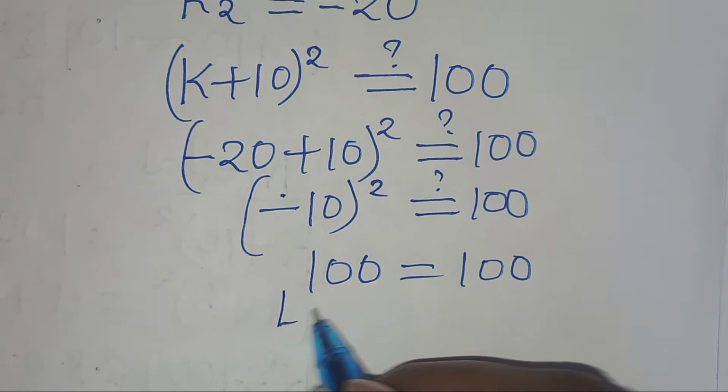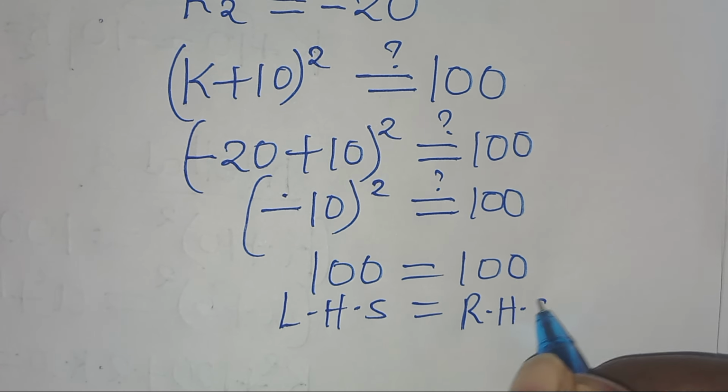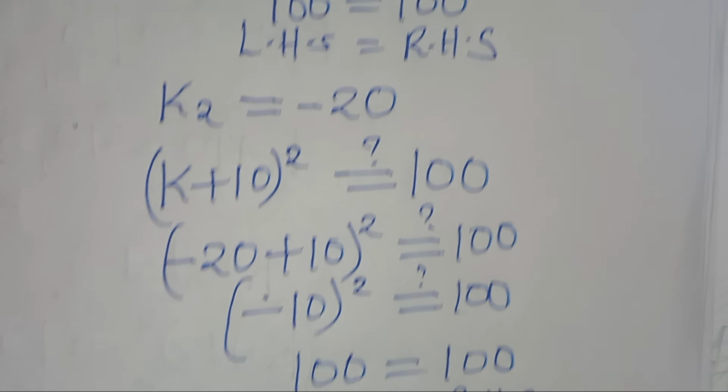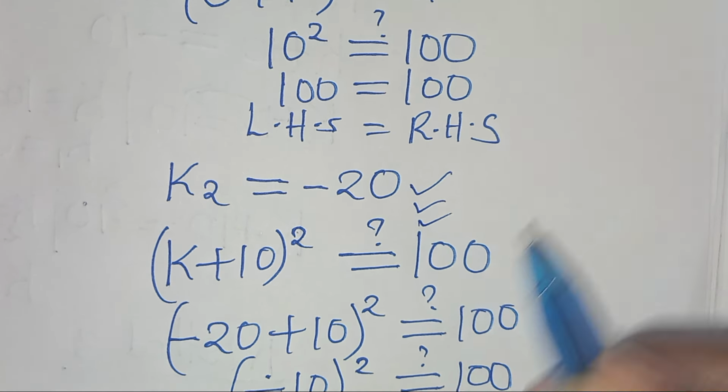So the left hand side is equal to the right hand side, and this proves that k2, which is -20, satisfies the equation.